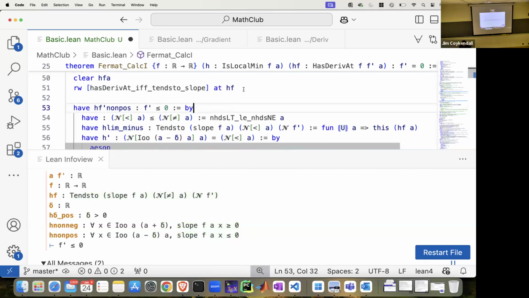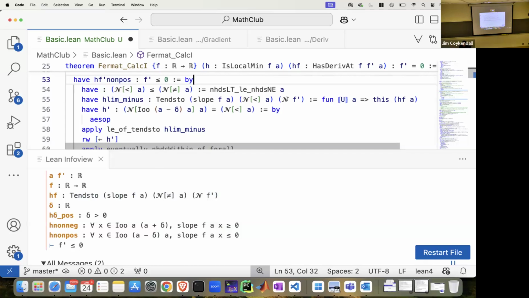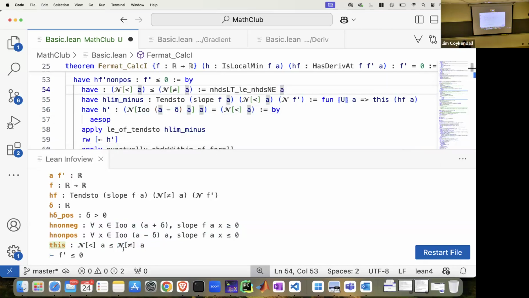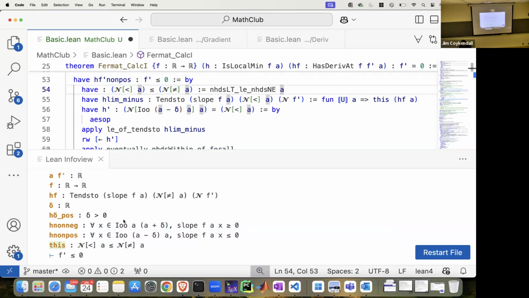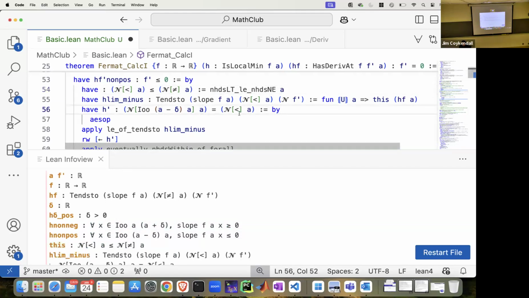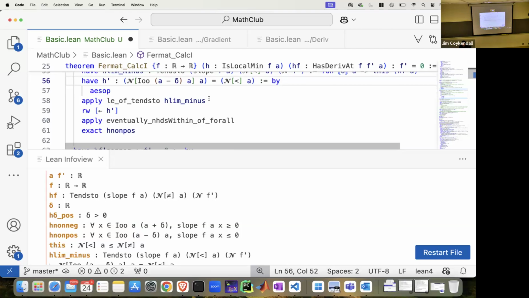Okay, so we need to show that the derivative is less or equal to 0 at the left by using this new notation. So it's going to look a little bit weird. So the idea is that we're going to transform this limit going to a, but it's not equal to a. So both the limit on both sides, we're going to transform it to the limit from the left. And we're going to transform the limit from the left to the case when we are restricting to the interval from a minus theta to a.